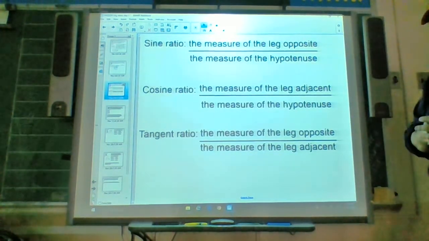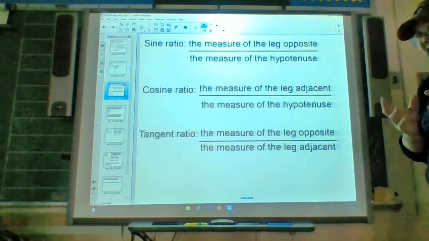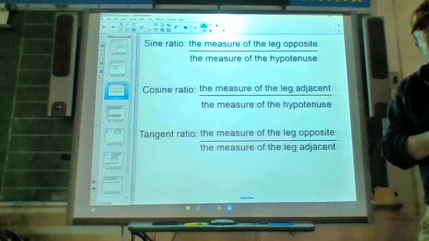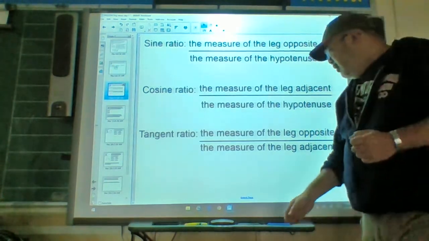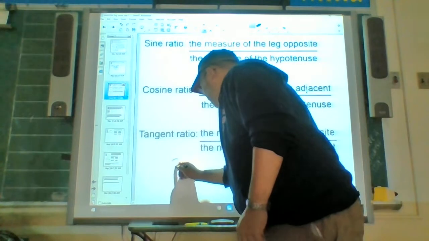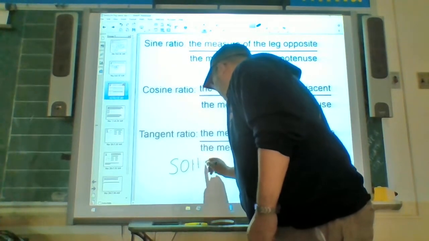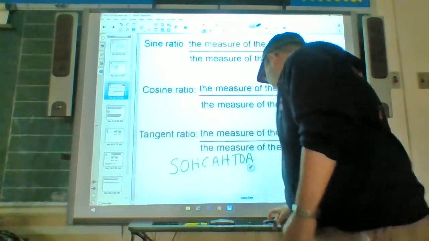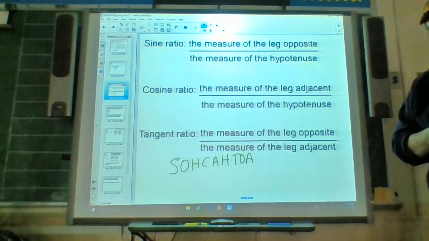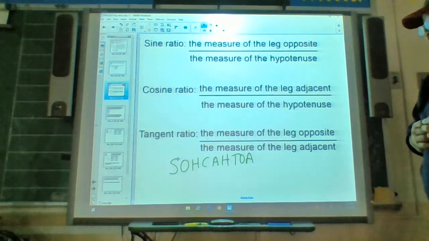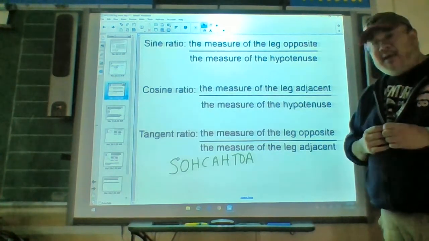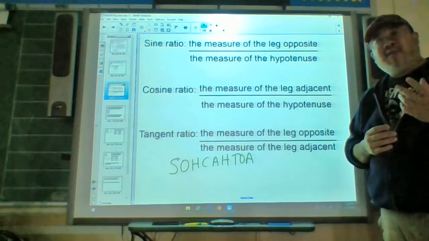We sometimes use phrases or little tricks to remember which one is which. One way is using SOH CAH TOA. You'll notice in this case there are 9 letters, really triplets, and each of these triplets represents the ratios we have here.